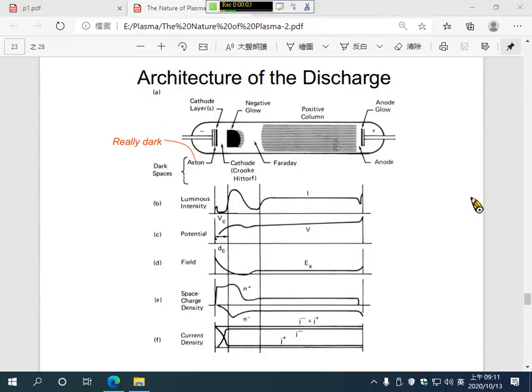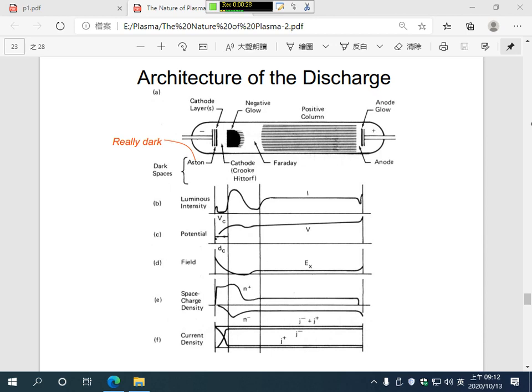Okay, so let's continue on the architecture of the discharge. Last week you have already learned that in a DC discharge tube, from cathode to the anode, there are several zones.